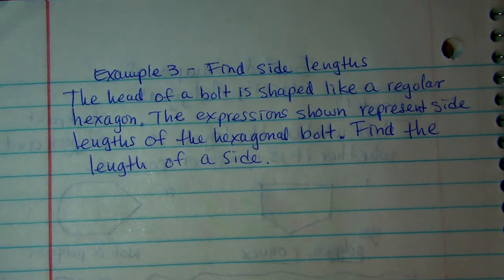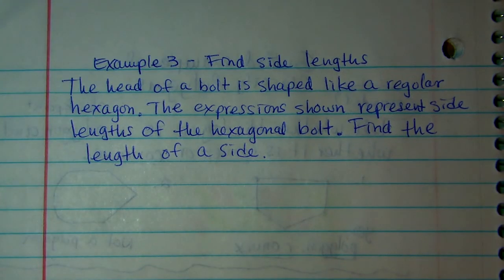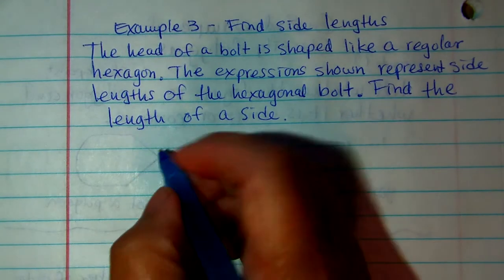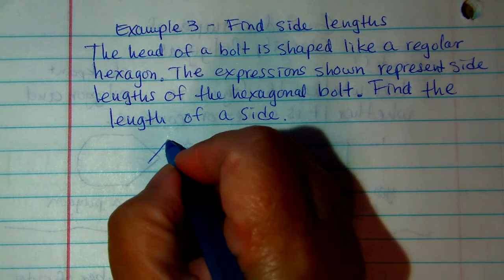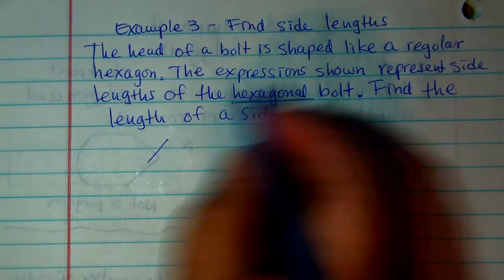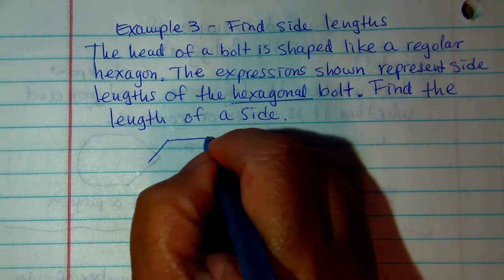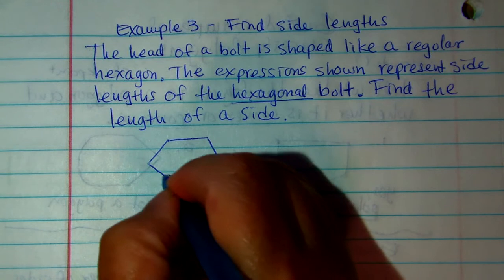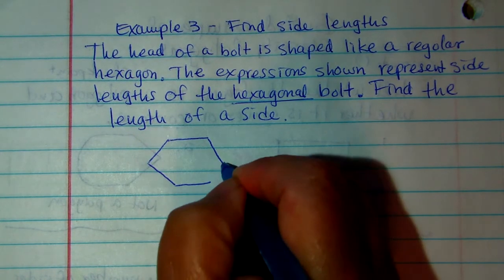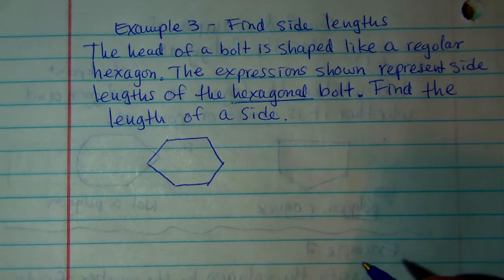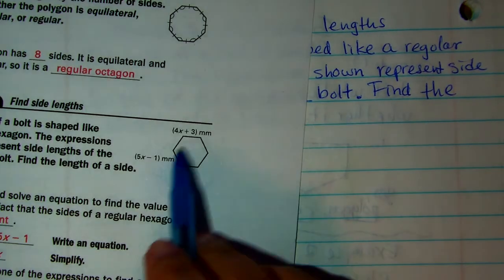Okay, so this is the statement of the problem, and here we have the figure of the problem. It says that it's hexagonal, so it has 6 sides, so we're going to draw it like this. Okay, and then they're giving us this information about the sides.